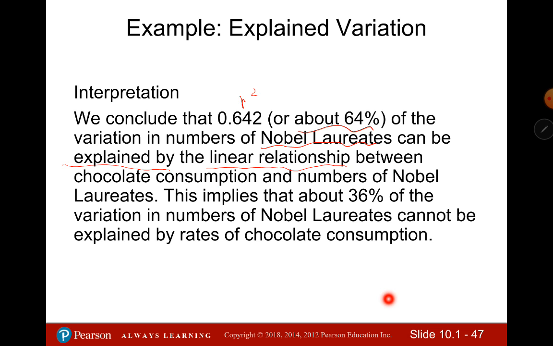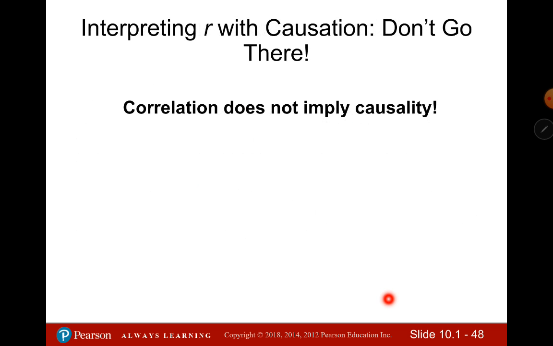Okay, that's how we interpret R. We do not directly use the value of R. We actually use the R squared value to interpret that about 64% of the variation of the number can be explained by the linear correlation between X variable and the Y variable.